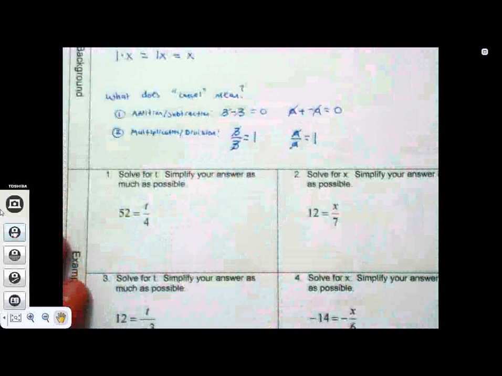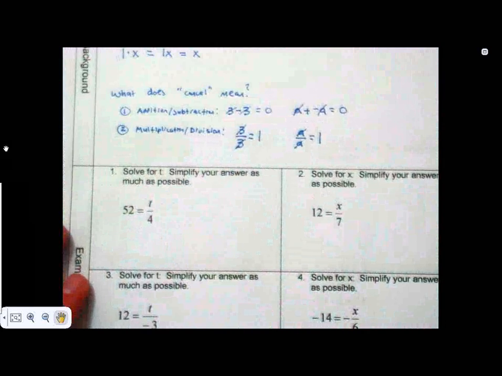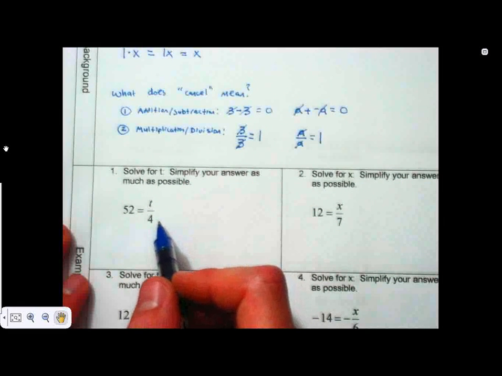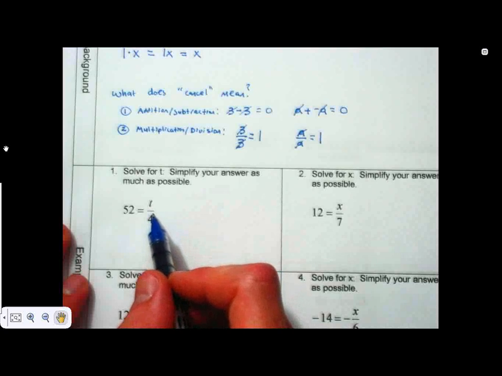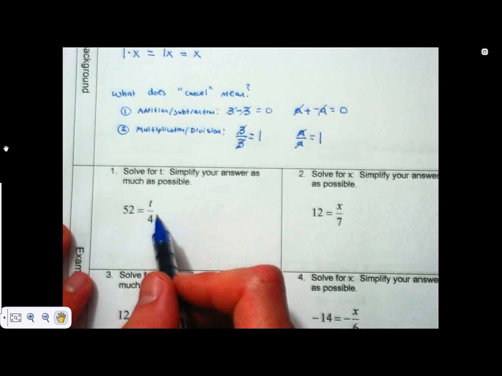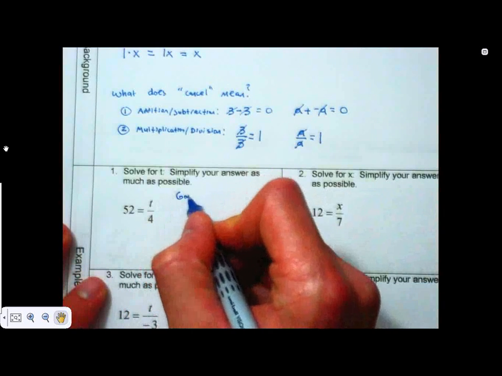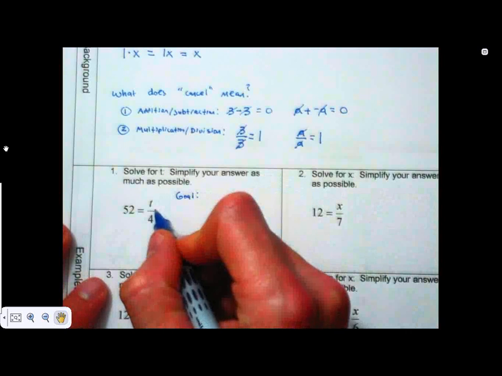Okay, so let's take a look at number 1. Again, if you didn't watch the video on solving equations using the addition property of equality, go back and take a look at that because I'll be using the same principles here. So our goal again is to figure out which number t stands for in number 1.